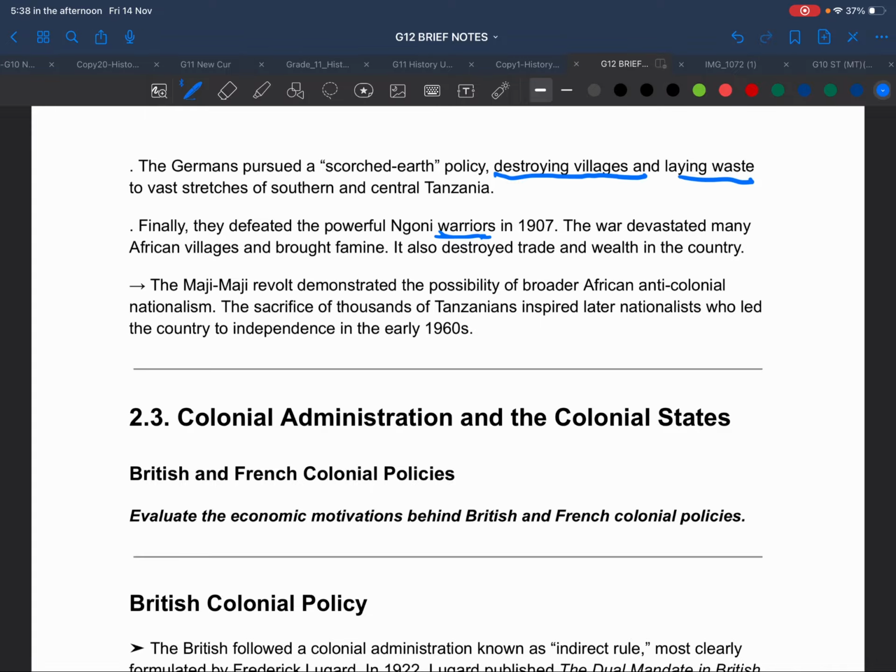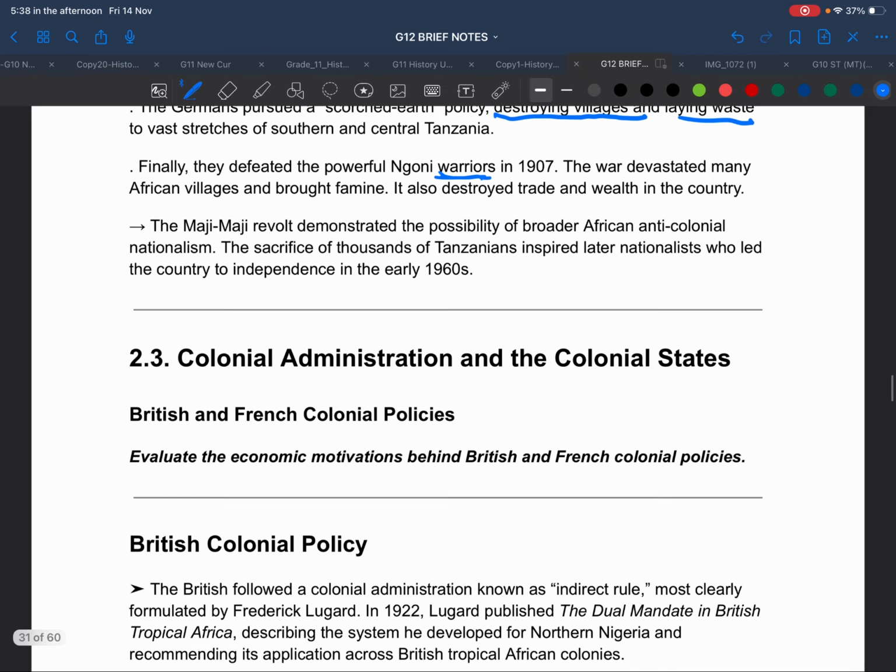The Maji Maji revolt demonstrated the possibility of broader African anti-colonial nationalism. The sacrifice of thousands of Tanzanians inspired later nationalists, who came years after to stand for their freedom and who led the country to independence in the 1960s. This included Julius Nyerere.